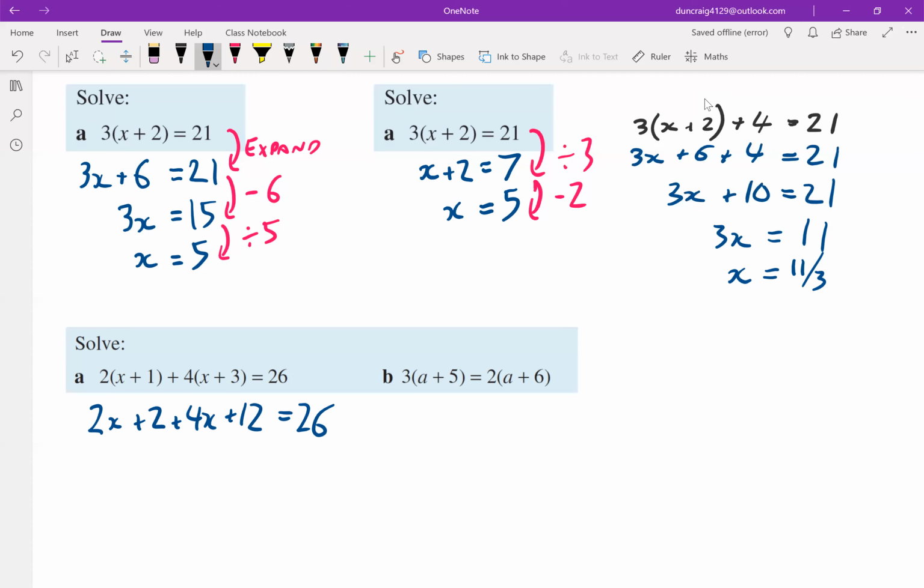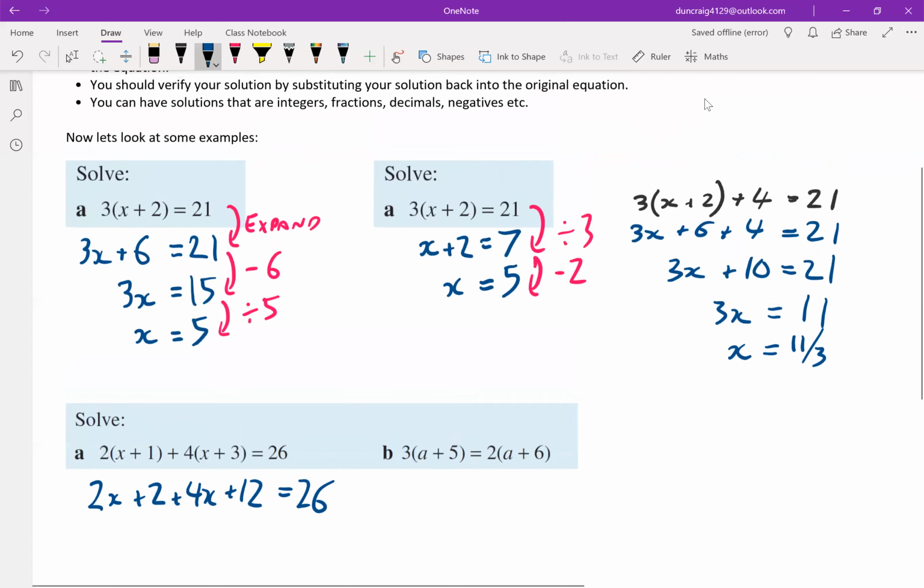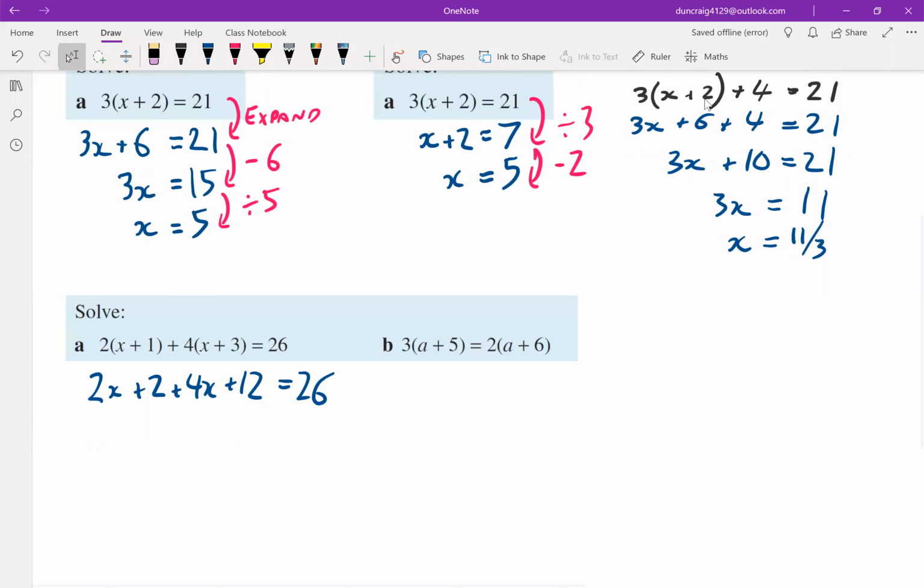Collect the like terms: 2x and 4x is 6x, 2 and 12 is 14. Take 14 from both sides, and I get 6x is equal to 12. So x is equal to 2.